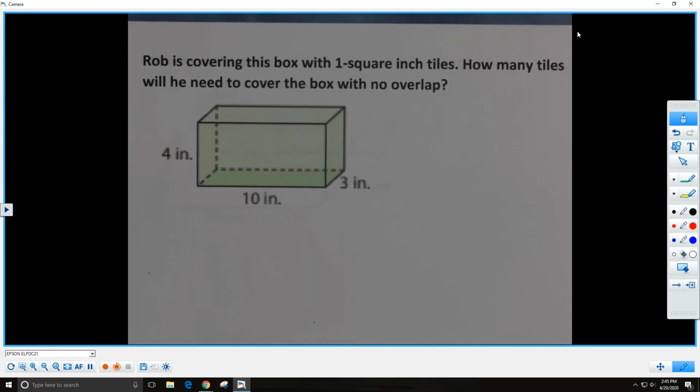Okay. So Rob is covering this box with 1 square inch tiles. How many tiles will he need to cover the box with no overlap?